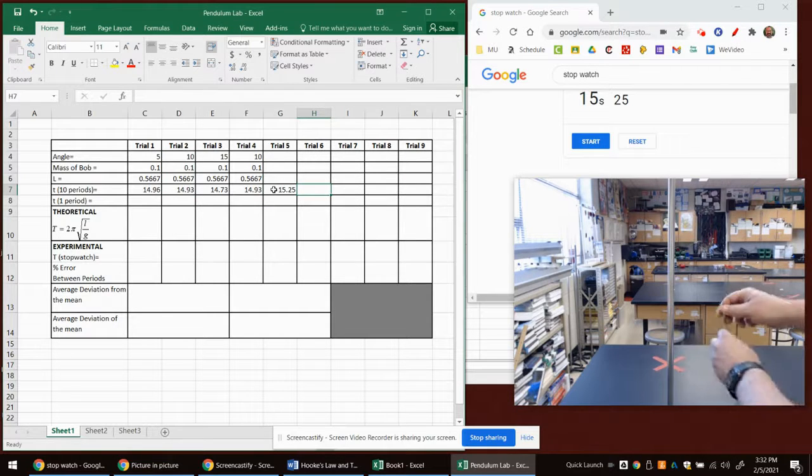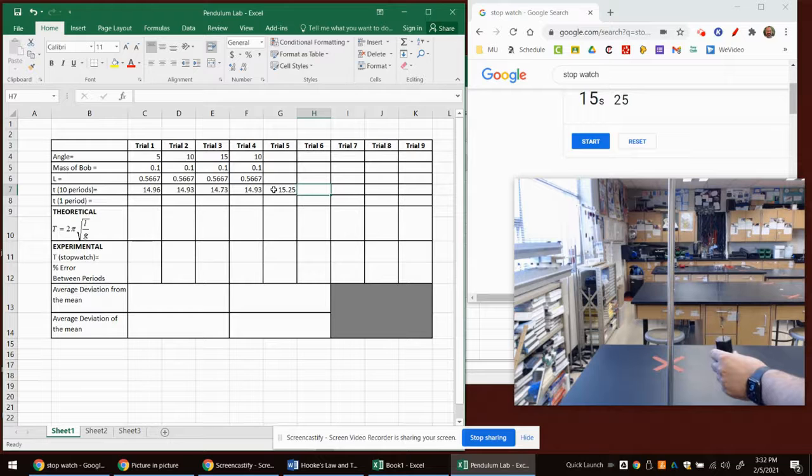And now I will do the 500 gram. Again, we'll hold some of the variables constant, which is a good experiment. We're only changing one thing, same length of the string, same angle.